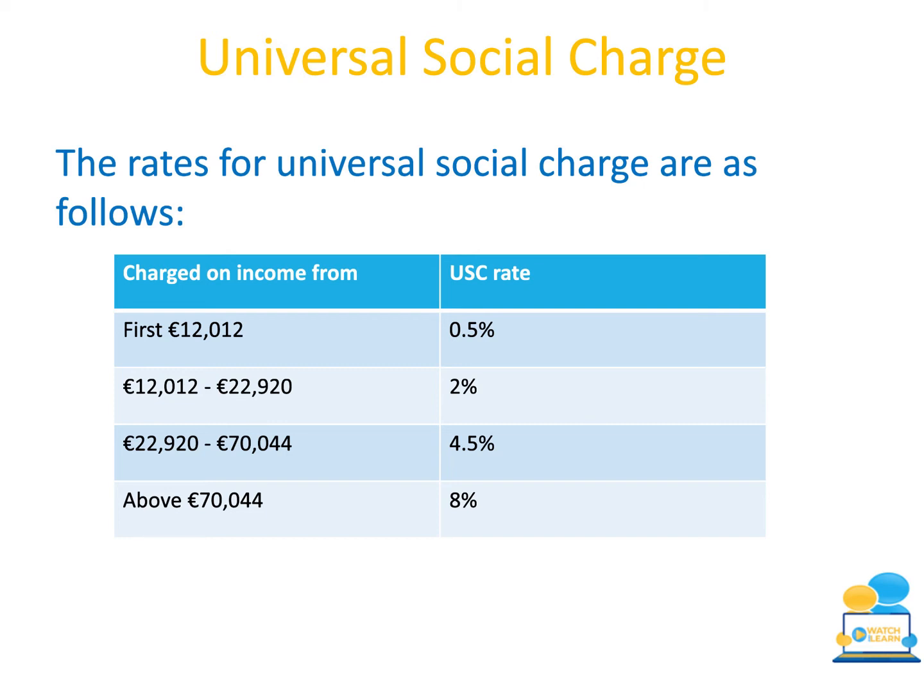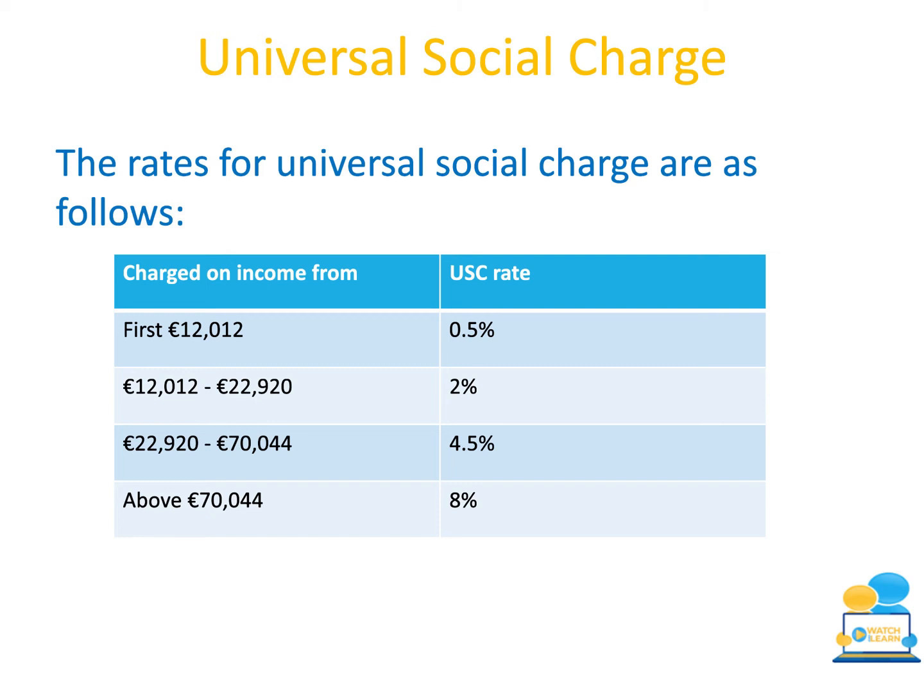Then the next band moving up from that, between €12,012 and €22,920, you will pay 2% USC tax on that. Third band then, from 22,920 to 70,044 euros, you will pay 4.5% USC tax on that. And then anything you earn after 70,044 euros, you will pay 8% USC tax.